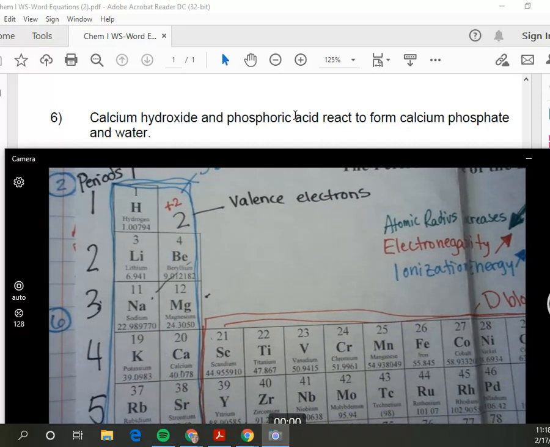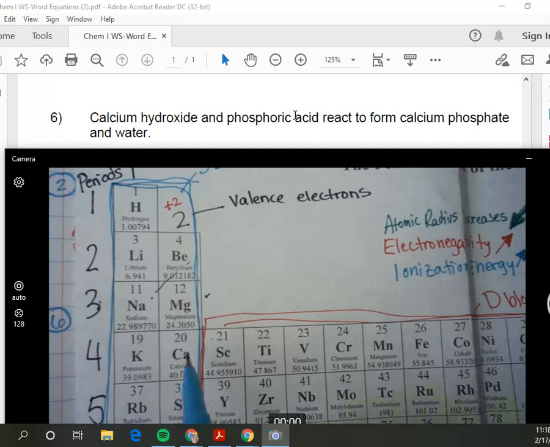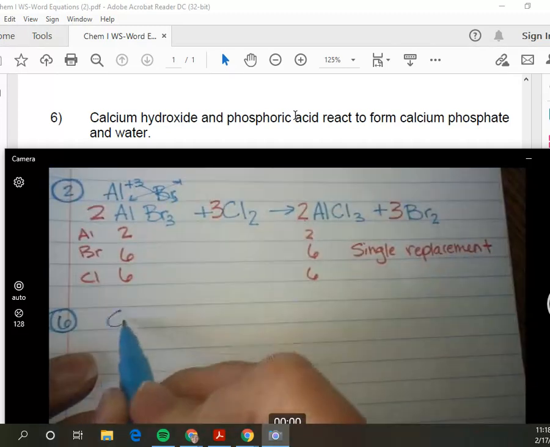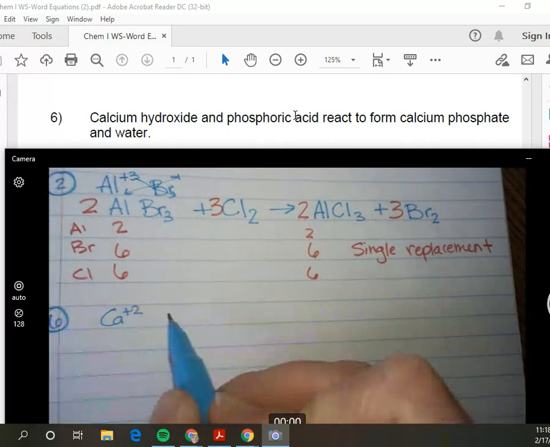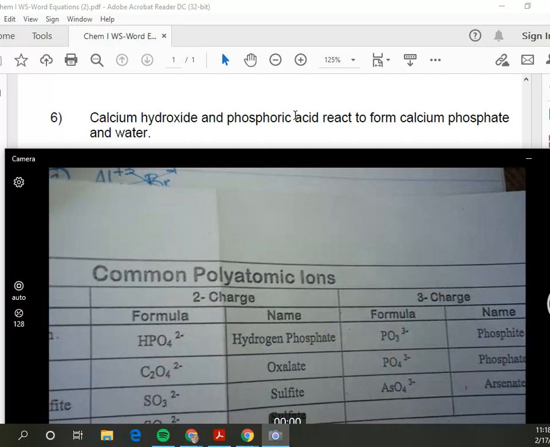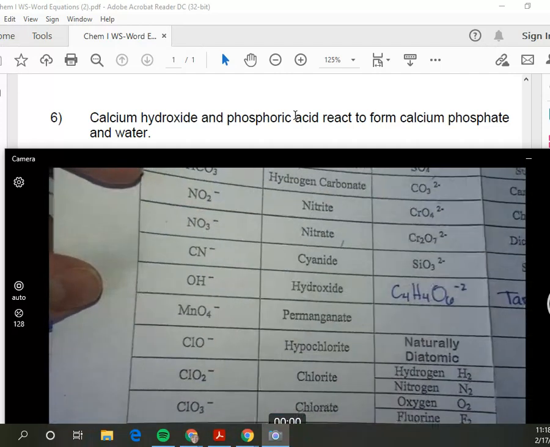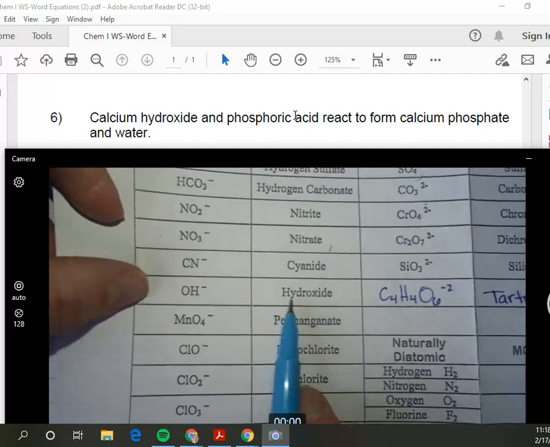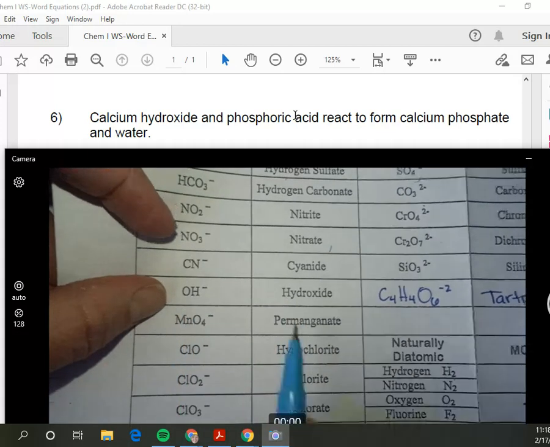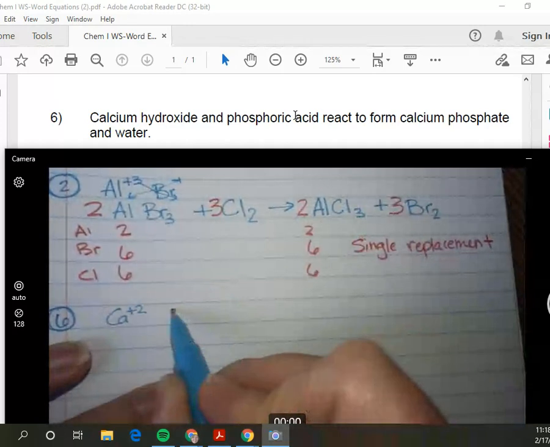Hydroxide, we know that we've been using our polyatomic ion sheet, so we're going to look there in a second. So we're going to start with that. Calcium is a +2. I'm going to look on my polyatomic ion sheet. And there's hydroxide. It's OH minus. So you're pulling in all these resources. OH minus.